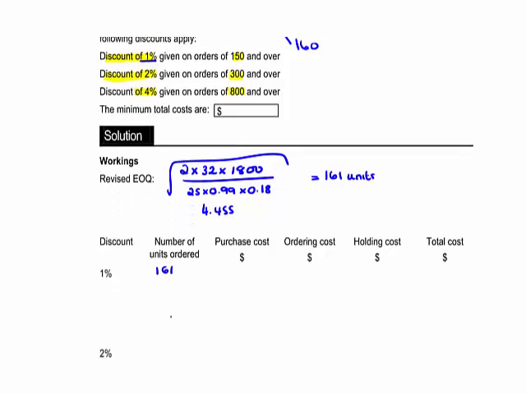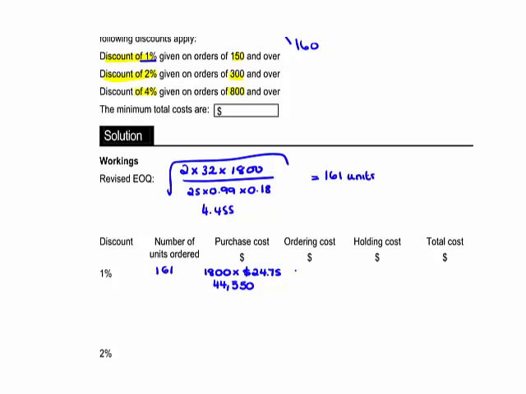What's that going to do to our costs during the year? Well, the purchase cost is going to be $24.75 per unit, because that's applying the 1% discount. Multiply that by the 1,800 units, and the purchase cost will be $44,550.